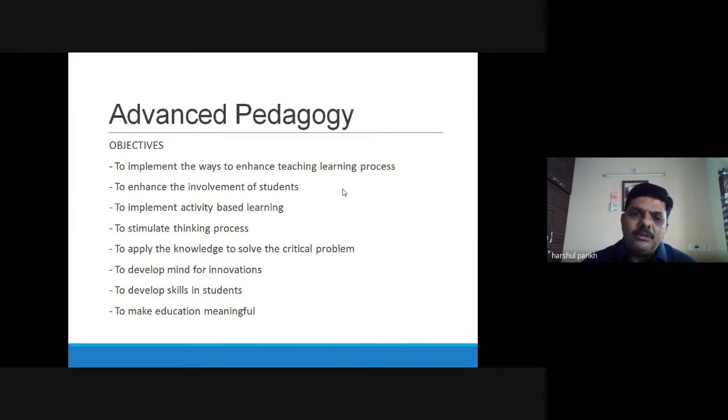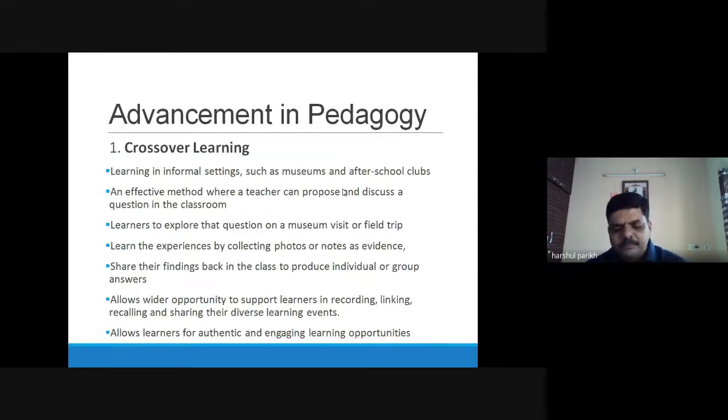So education must develop a mindset in the students for research and innovation. And for that, this advanced pedagogy should be helpful to the students. So the overall picture is to create skillful students and make education meaningful. So these are the basic objectives of advanced pedagogy.